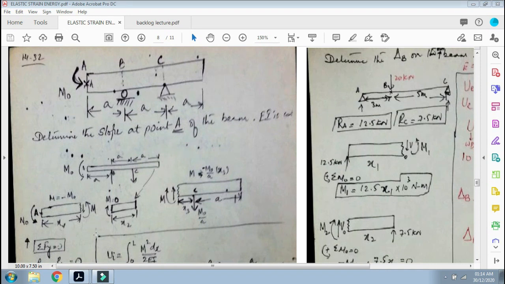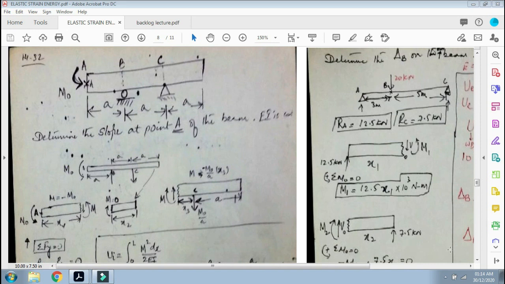So these are the different sections, and this midsection will be treated with x3. So this is how we do it.